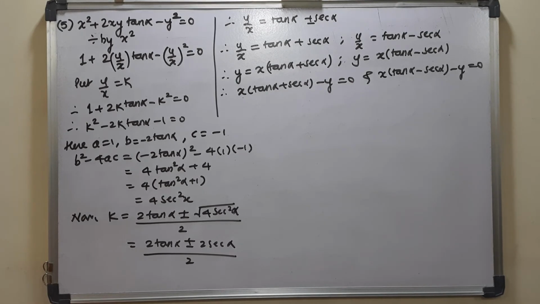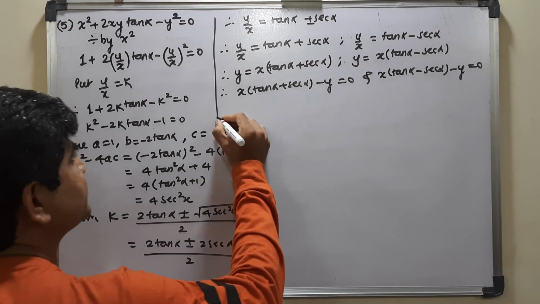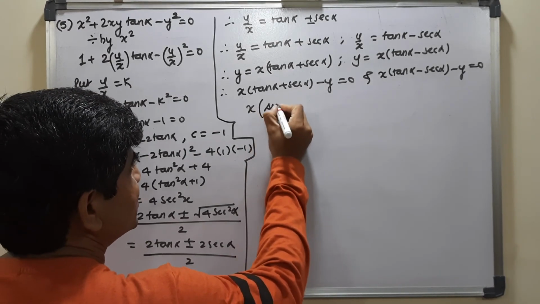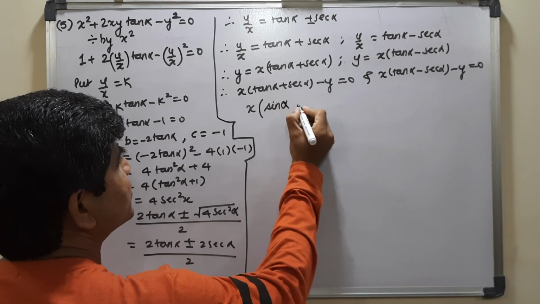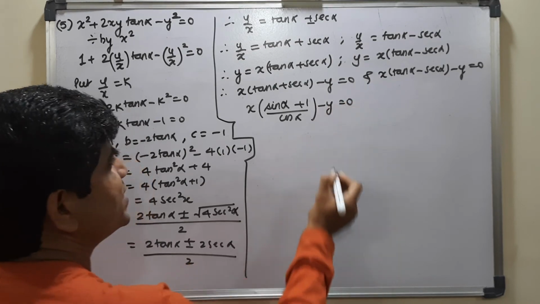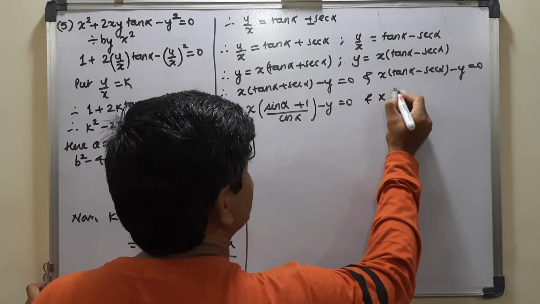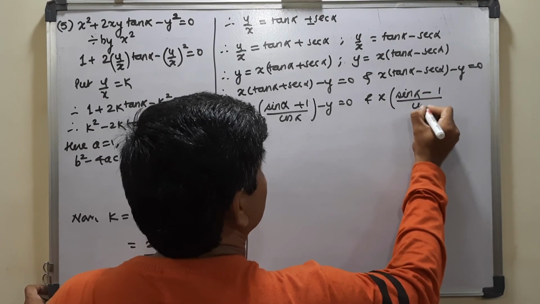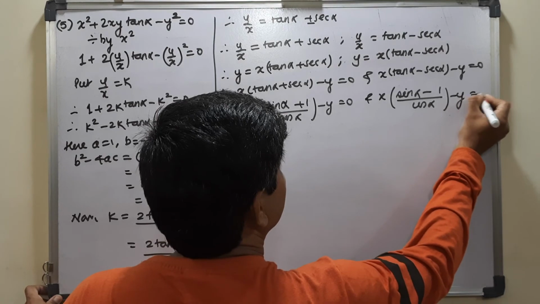Now if you want, you can convert this into the form of sine and cos. So you will get some other result. You get here x into bracket sine alpha plus 1 upon cos alpha minus y is equal to 0, and x into sine alpha minus 1 upon cos alpha minus y is equal to 0.